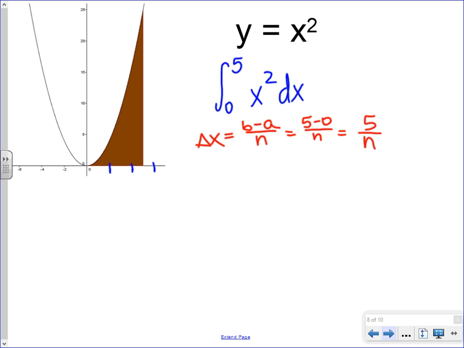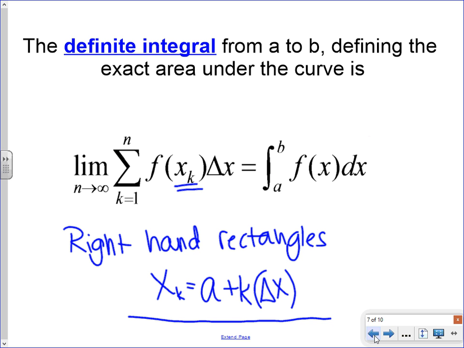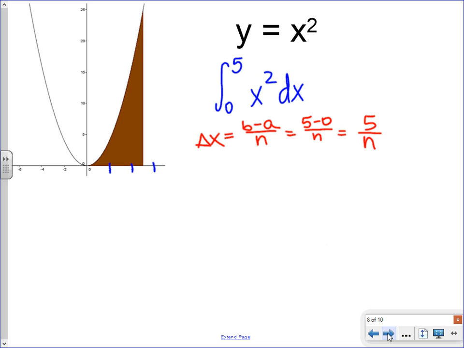From the previous slide, if we're doing right-hand endpoints, then x sub k is a plus k times delta x. What's our a value? Where does our interval start? 0.